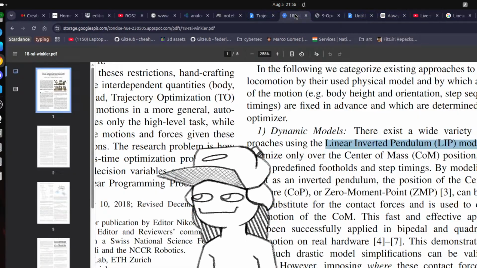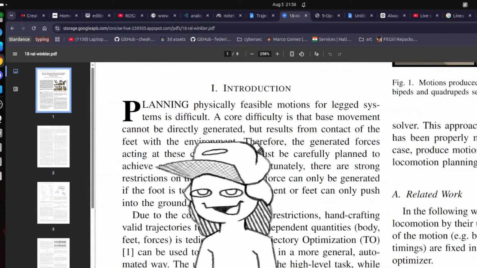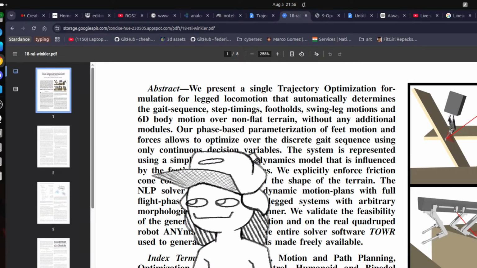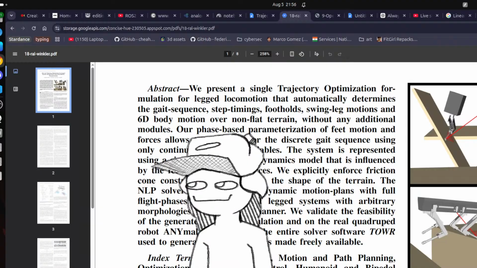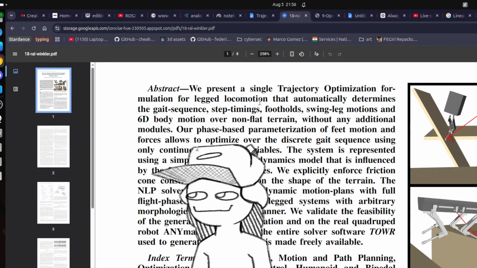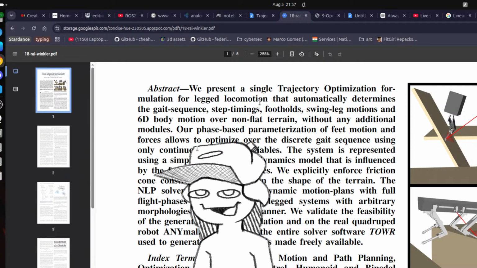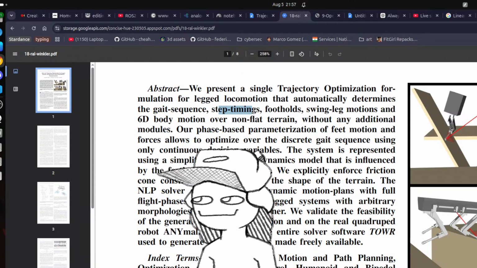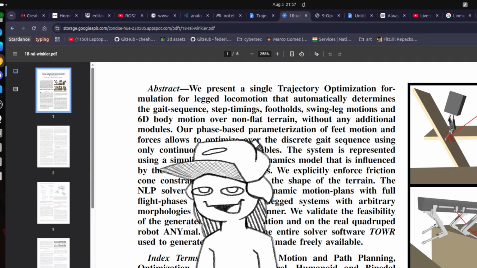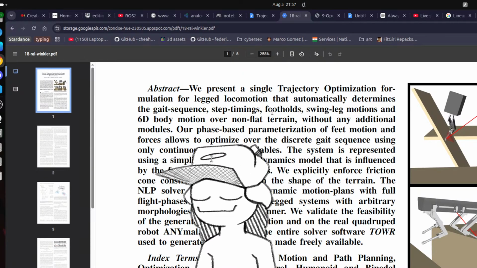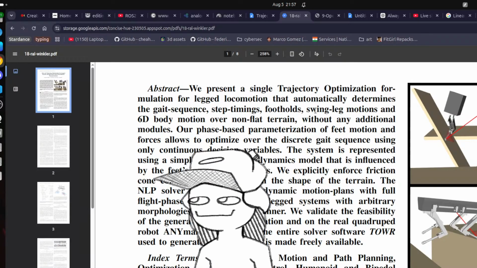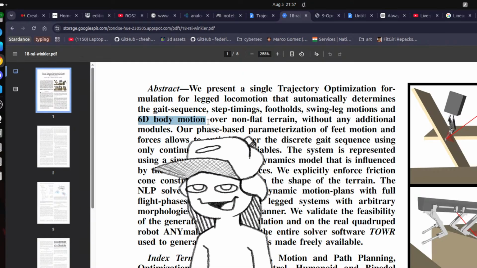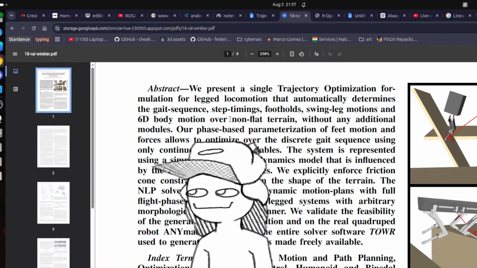In case not a lot was recorded, I'll just give a simplified overview of everything I dealt with. The paper makes a single formulation that can determine in what order the legs of the robot move, the amount of time they stay in air or are in contact with the ground, where the foot needs to land, the motions of the leg while they're swinging, and the motion of the robot body over any terrain.